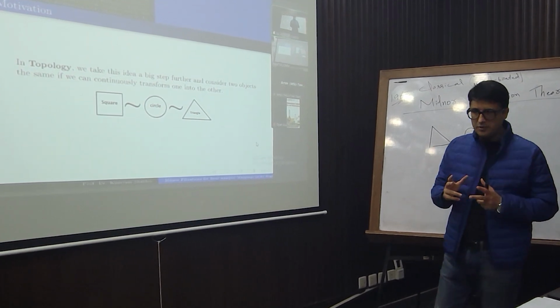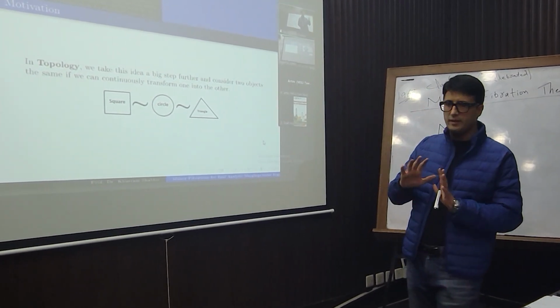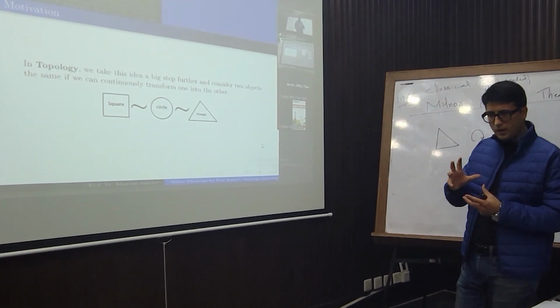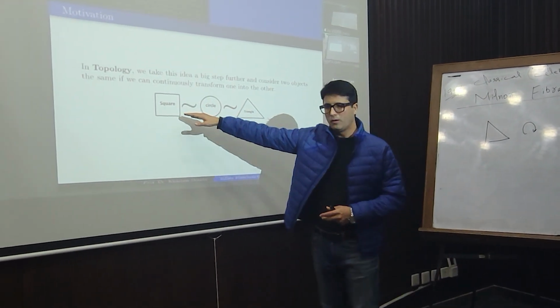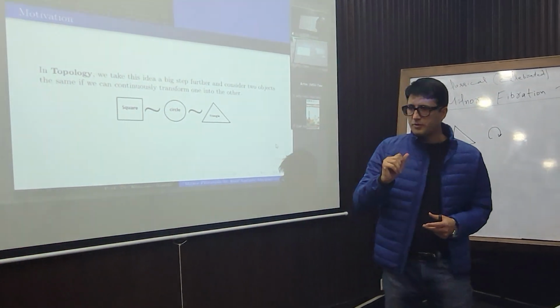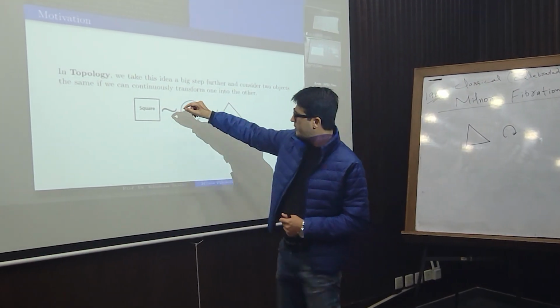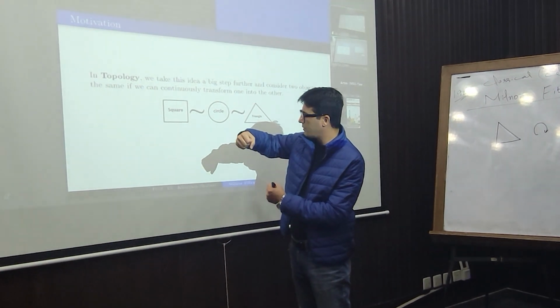When we move to topology, we all know topology is a rubber sheet geometry. Here, two objects are equivalent if we can move from one object to another by a continuous transformation. By continuous deformation, I mean we assume that this is made of rubber, a rubber band.